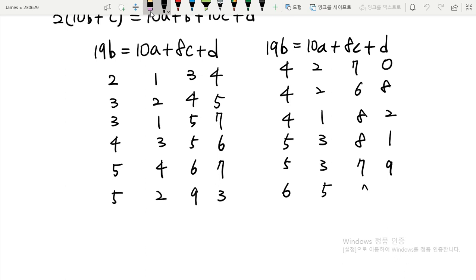Yep, 8 and 0. And because the value of D is less than 2, we can borrow 1 from C. So that means another quadruplet is possible.